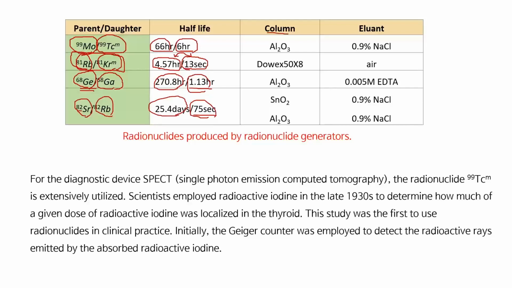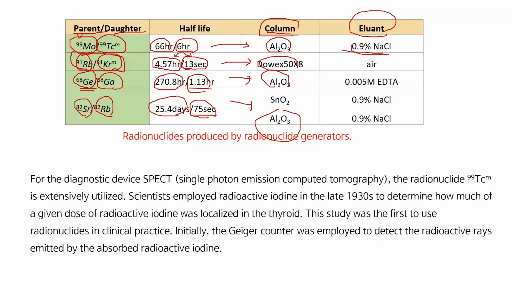And the column to which the parent nuclide is attached is the alumina in this radionuclide generator, and this generator is this one, and this alumina, and here also alumina, and that is the chemicals or fluid to separate the daughter radionuclides from the parent nuclide.